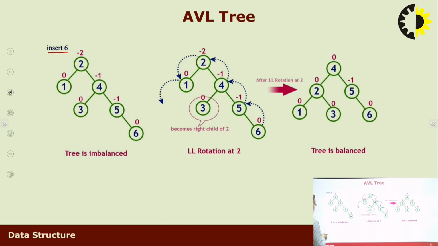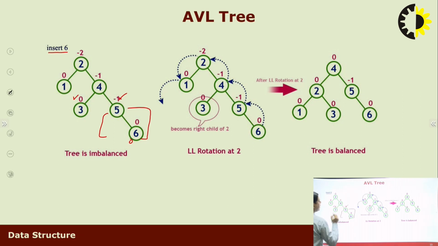Now, after that, we have to check the balancing factor. For 6, we calculate that it is 0. For 5, the height of the left is 0 and the right subtree is 1, 0 minus 1, that is minus 1. For 3, because it's a leaf node, there is no left child and right child, so the balancing factor is 0.